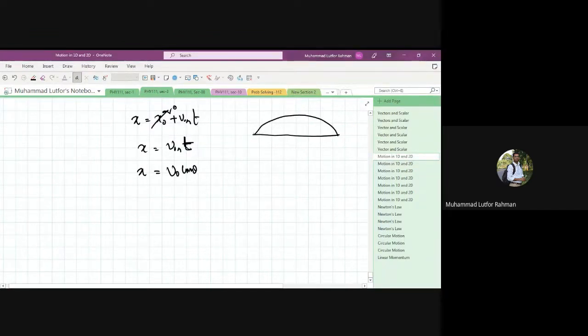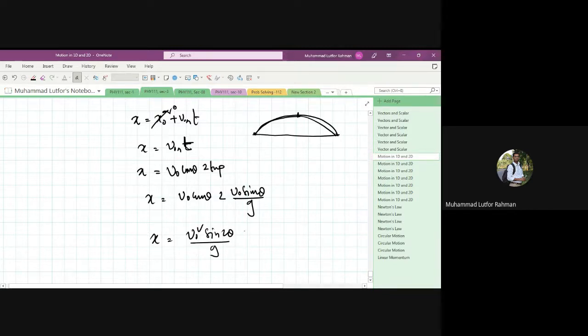The time it takes to reach from that point to that point, which is actually double of this t up, because it takes time to reach the top, and from the top to the bottom it takes the same amount of time. So I can say this t is actually 2t up, I'll write 2t up. That is going to be v naught cos theta into 2t up, which is basically v naught sine theta divided by g, and it becomes actually v naught square times 2 sine theta cos theta, that is, sine of 2 theta, divided by g, right? And this is actually the range.